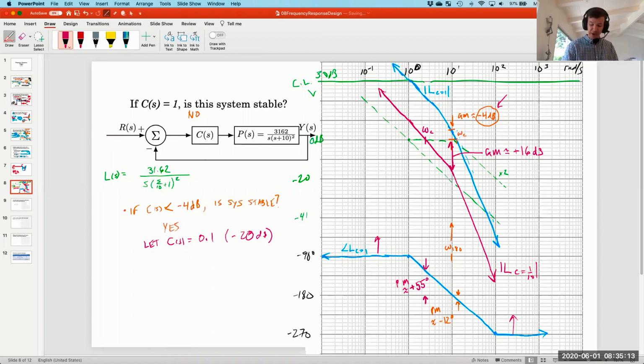I wouldn't be changing the omega crossover because the blue curve wouldn't be moving, but I would be increasing the phase plot so that at any given crossover frequency, the phase would be a larger number, which means my phase margin is more likely to be positive. Also, by moving the phase plot up, I am moving the omega 180 to a higher frequency, which means that I'm more likely to be below the 0 dB line at that frequency in the magnitude plot.